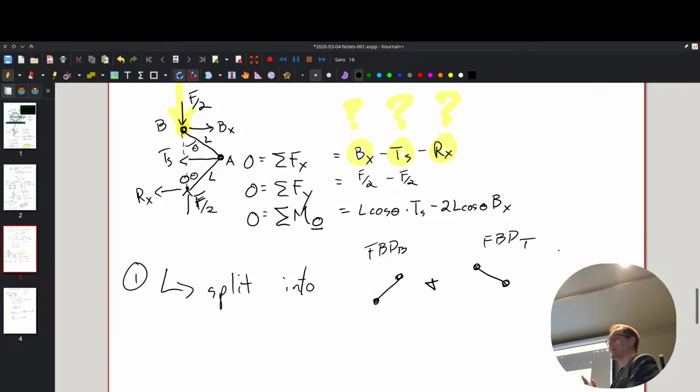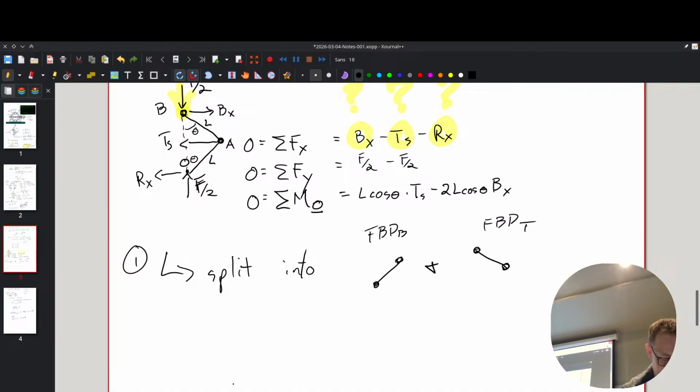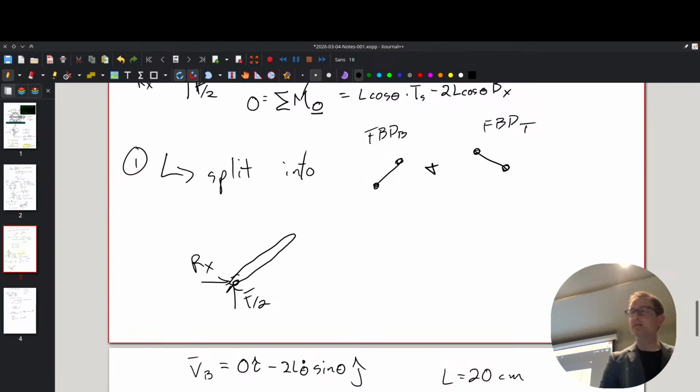Sorry. So the question was, in these pins, like here, when we're looking at Rx and F over 2, do we know anything about those two forces? About the resultant force of Rx plus F over 2?